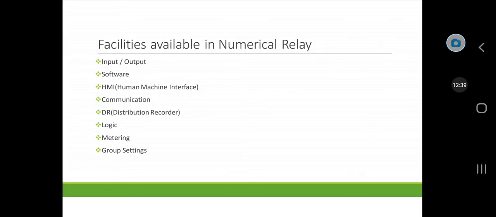Group settings: generally, 4 groups of setting values can be stored, and any one can be made active. The present set of active groups can be viewed in the menu.